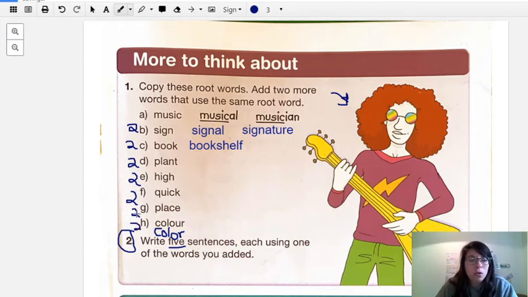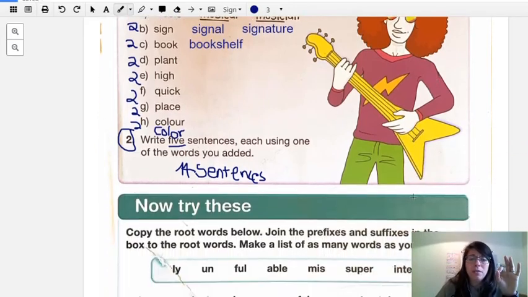So 2 times 1, 2, 3, 4, 5, 6, 7. 2 times 7 is a total of 14 sentences that you have to do, okay? So there you have to get creative, and you can do this. You can definitely do this. I don't have a single doubt in my mind, okay?